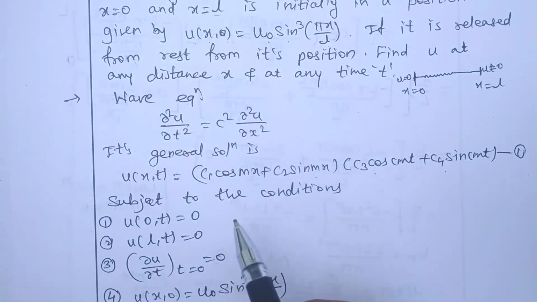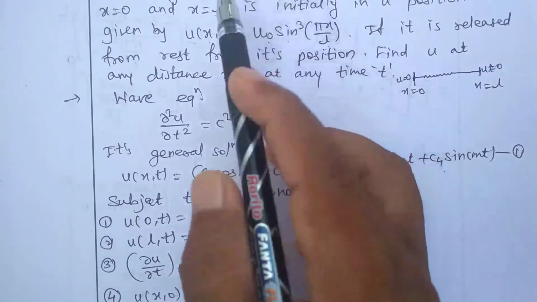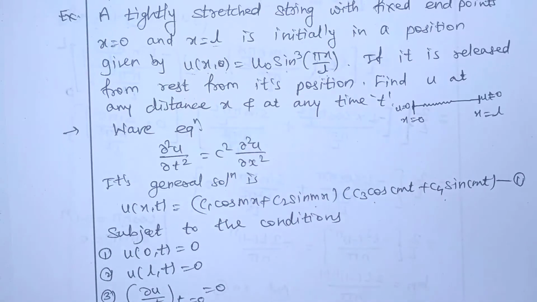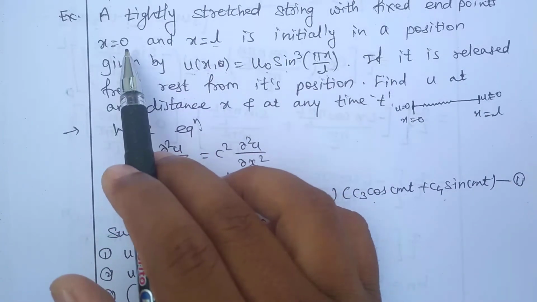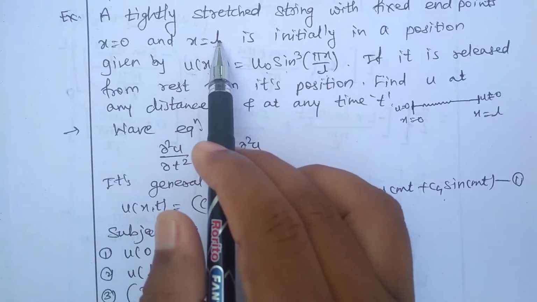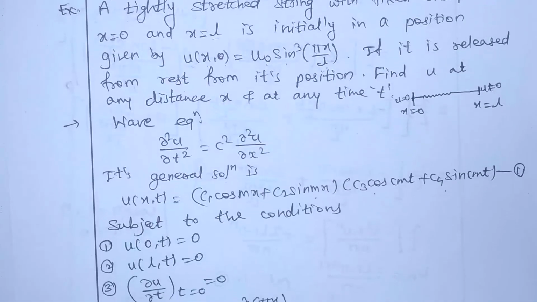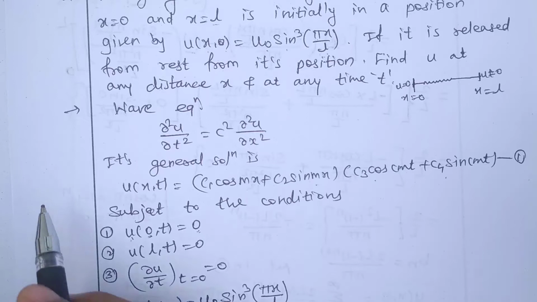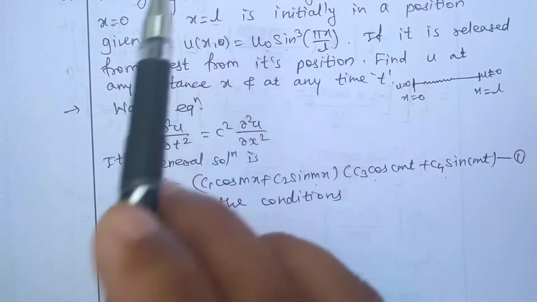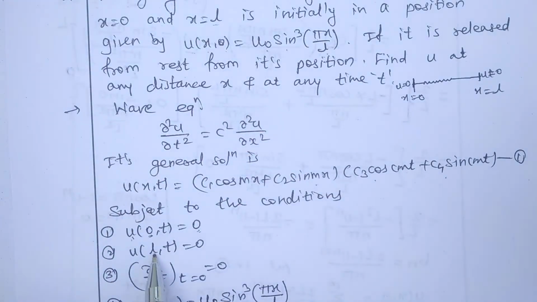Now, subject to the conditions, we have to write the conditions from the given example. Both ends of the string are fixed at x = 0 and x = L. That means at x = 0 the vibrations are 0, so u(0,t) = 0. Also at the second end point x = L, the string is fixed, so the vibrations are 0.